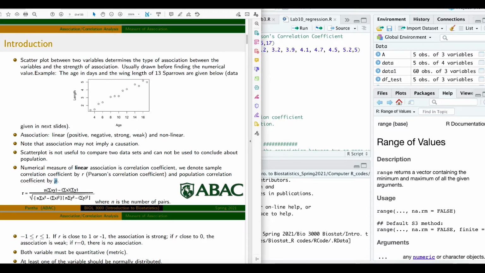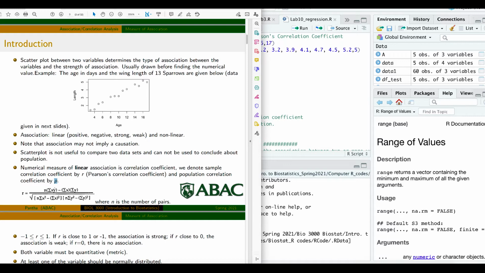The formula to find the sample correlation coefficient is: n is the number of pairs, or you can say the number of x values or number of y values. So n is the number of pairs times the summation of x times y. Usually two variables will be given to you, x and y.